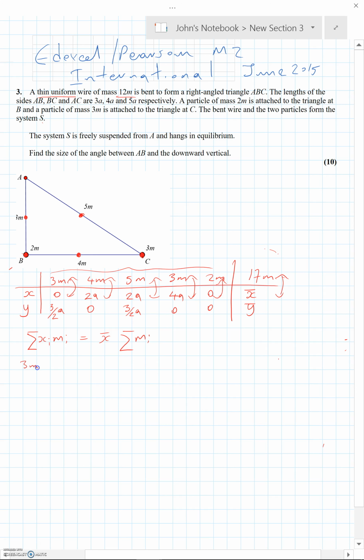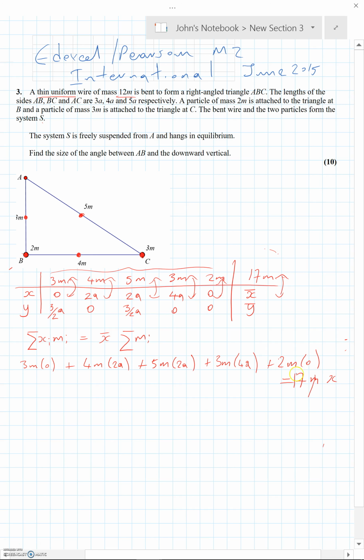We've got 3m times 0, plus 4m times 2a, plus 5m times 2a, plus 3m times 4a, plus 2m times 0, equals 17m x bar.